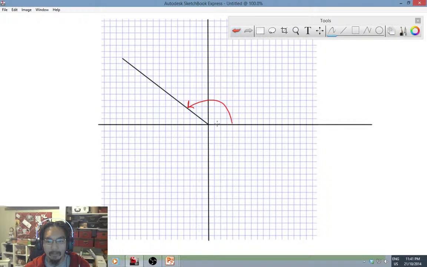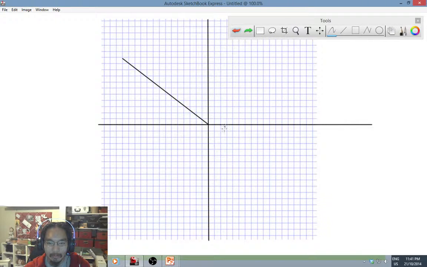Or the angle could be around once. That could be the angle. That's perfectly fine too. Or it could even be around twice, and that would be a perfectly acceptable angle. And this could continue on forever. We could keep going around and around the circle and eventually stop at this terminal arm. That'll be our angle.